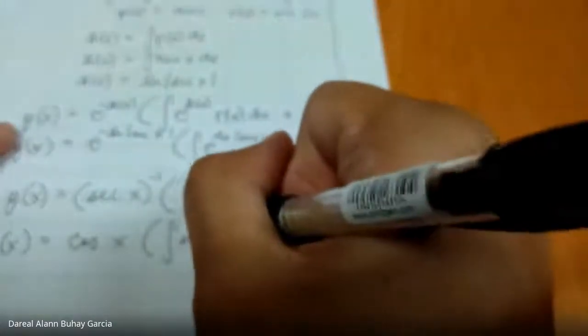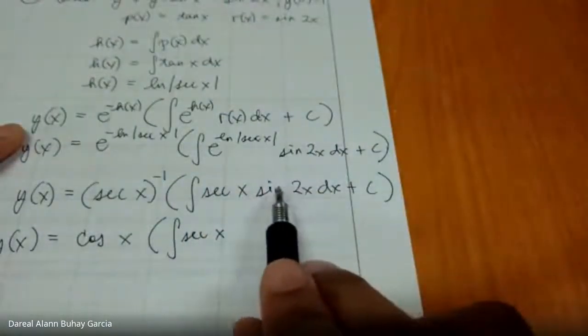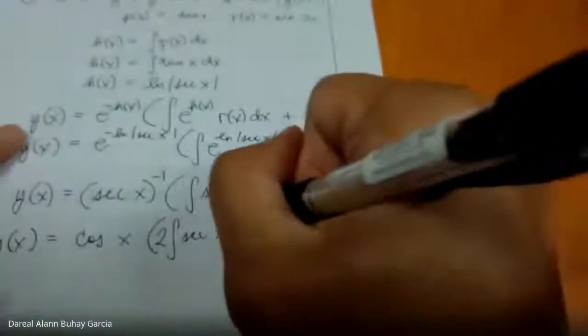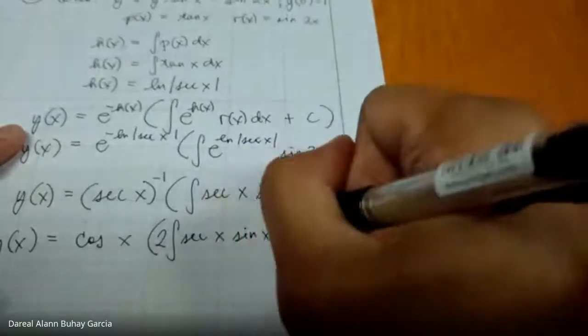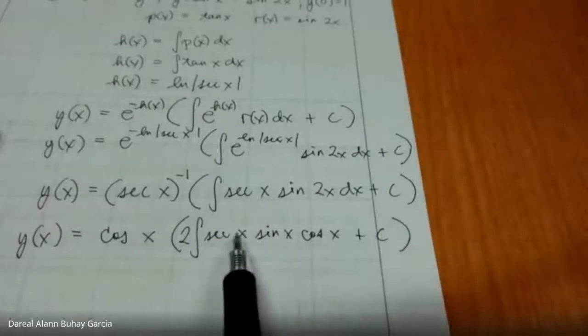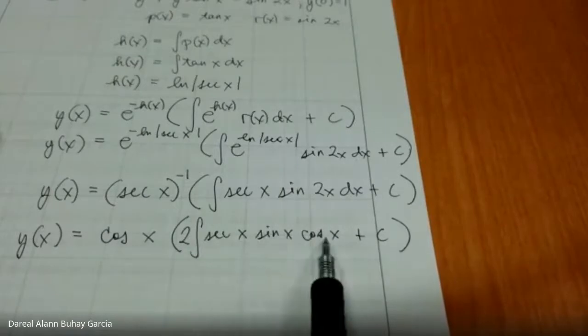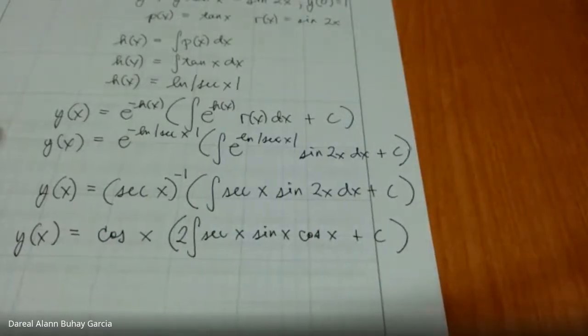Okay, very good. Cosine x. The integral of secant x, if I'm not mistaken, sine 2x is 2 sine x cos x. Sine 2x is 2 sine x cos x. Sakto?